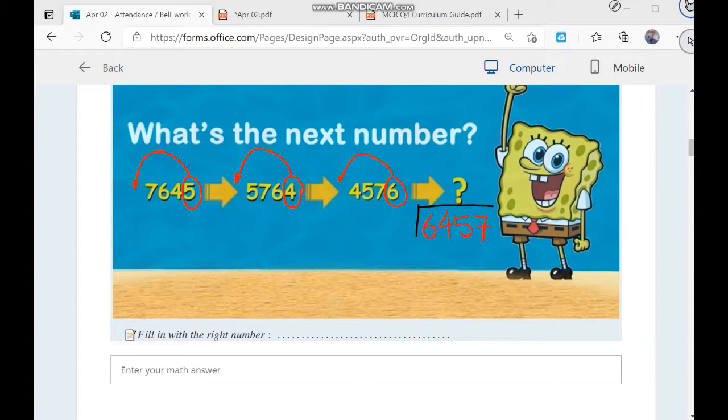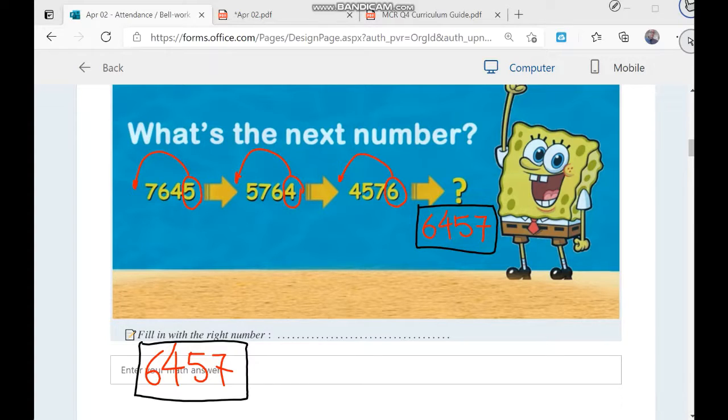This is how I make sense of the sequence, and the answer. The right answer is going to be 6, 4, 5, 7. That does not mean that your number is wrong. No, maybe you found a different way.